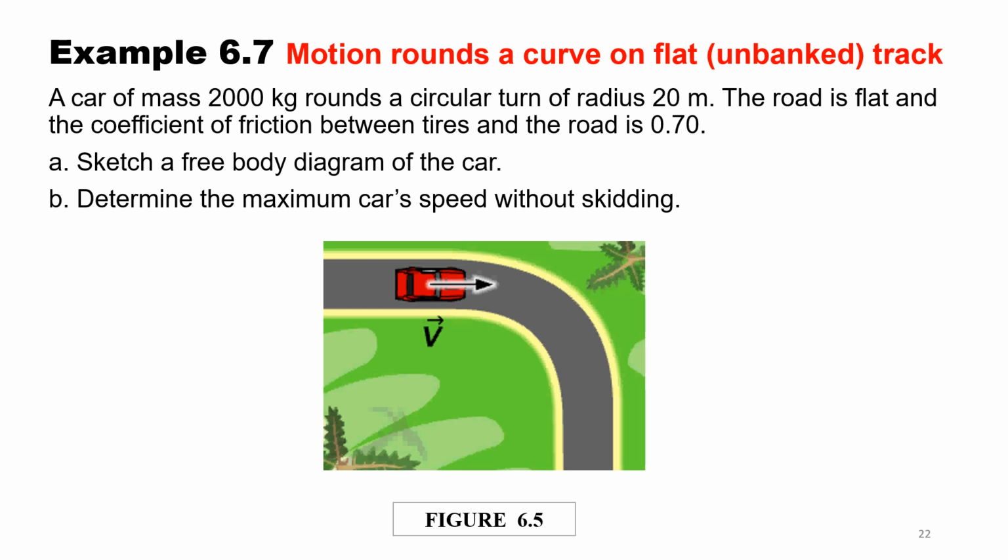So the information that we have, first one is the mass, and then the radius r, and last one the coefficient of friction mu k, which is 0.7. So the question asks A to sketch a free body diagram of the car, and then B to determine the maximum car speed without skidding, which is Vmax.